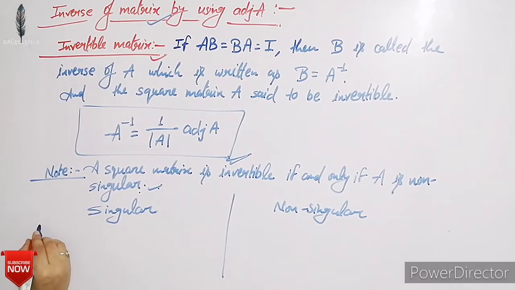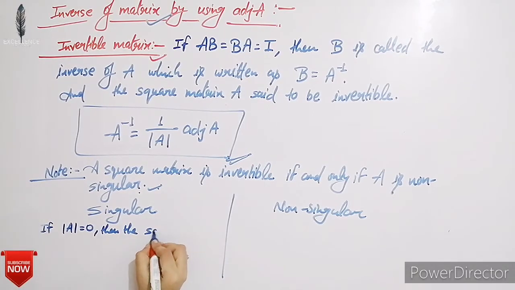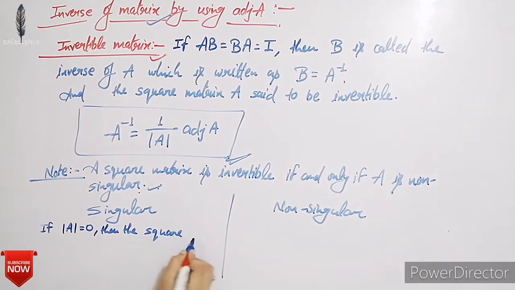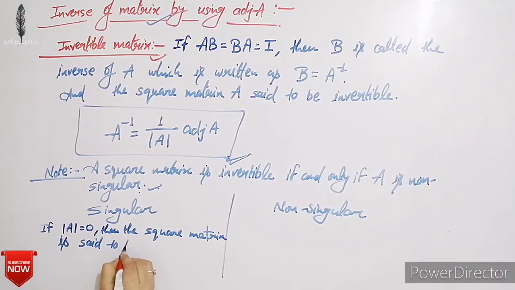First, let's see the singular matrix. If determinant of A is equal to 0, then the square matrix is said to be singular. The matrix whose determinant value is 0 will be a singular matrix.